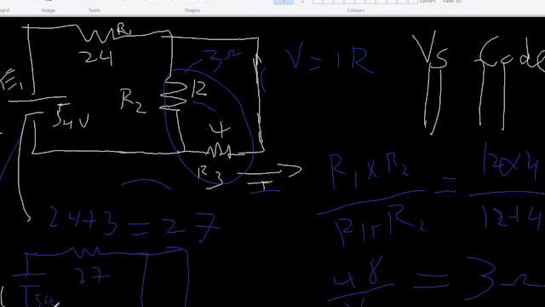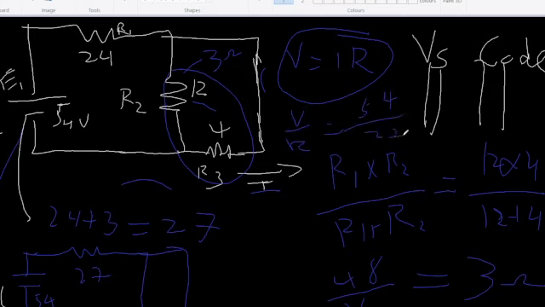So I is V over R. V over R is equal to that 54 over 27, our R, and 54 over 27 is going to give us 2. So our current is 2 amperes.